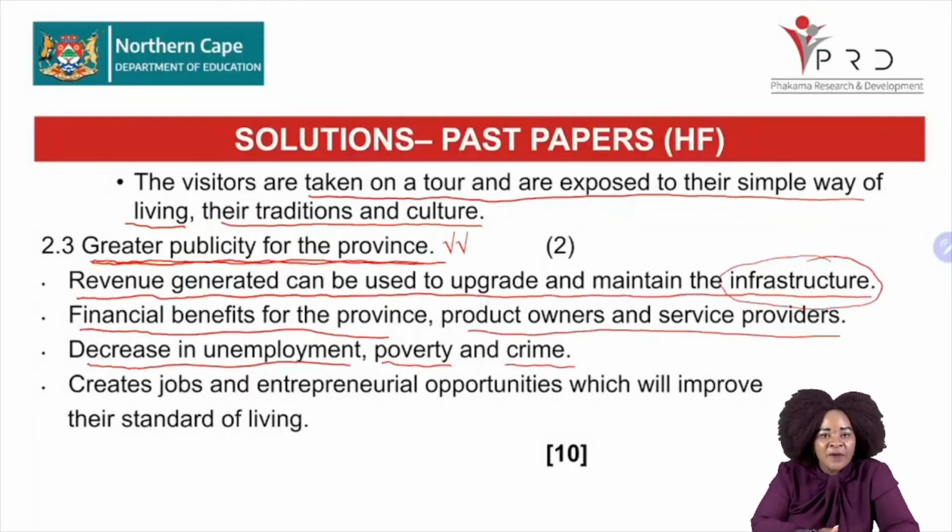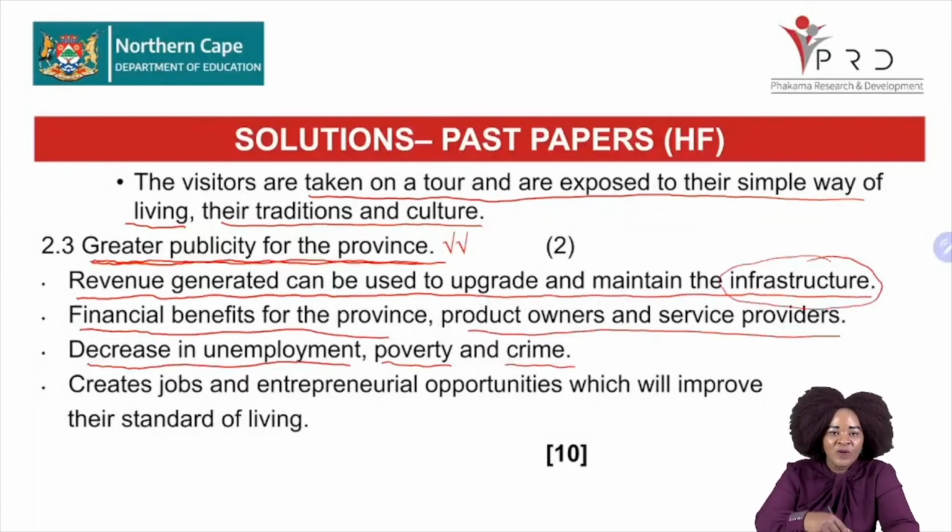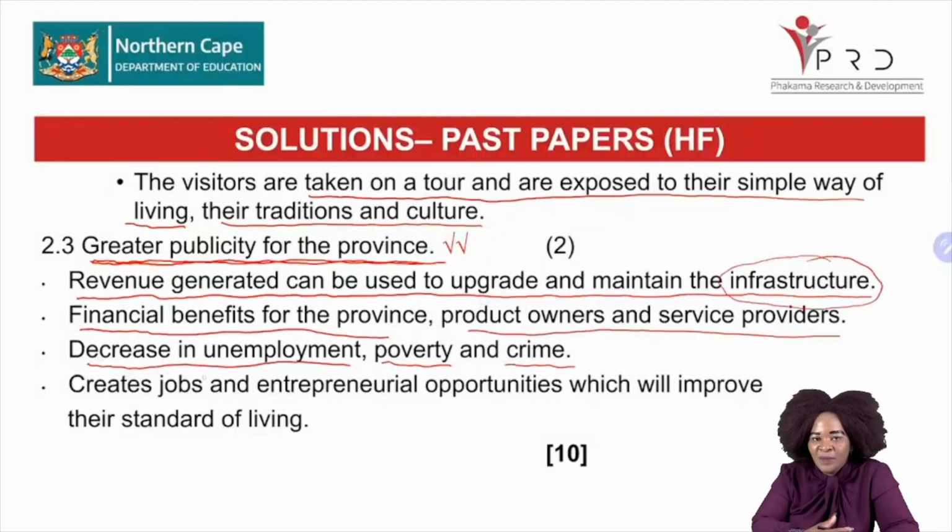So when they're paying, it is obvious, Grade 12 learners, there are people who are working there. There are South Africans, there are people from the Northern Cape province, who are working in this World Heritage site. So that will decrease the unemployment and also the poverty, because once you have a salary, it helps to uplift the standard of living.